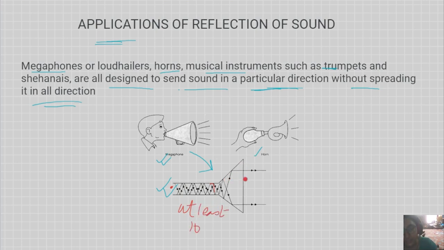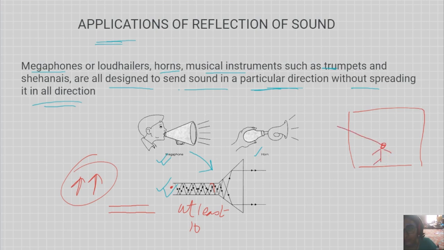So as a result of this, the sound that you are hearing is much louder, because since it is a confined space, the intensity of the sound is not decreasing, as opposed to when you're one person speaking in a hall, where the reflections for the reverberations are taking a longer period of time, right?